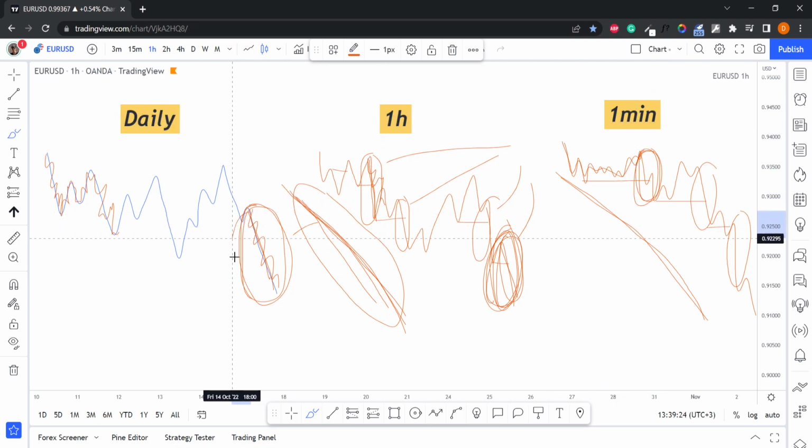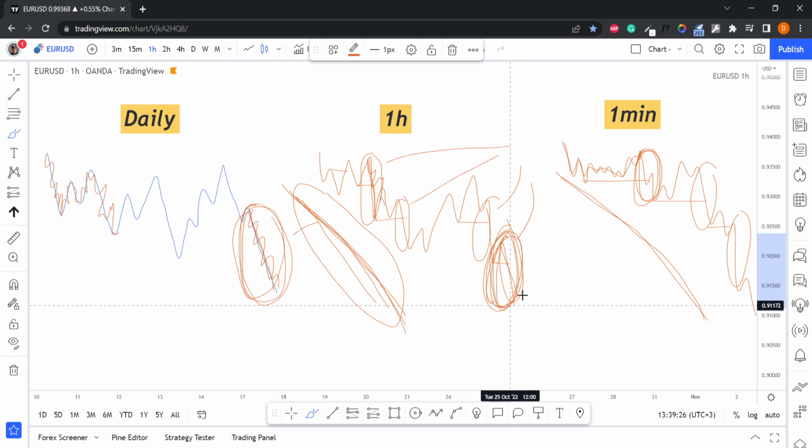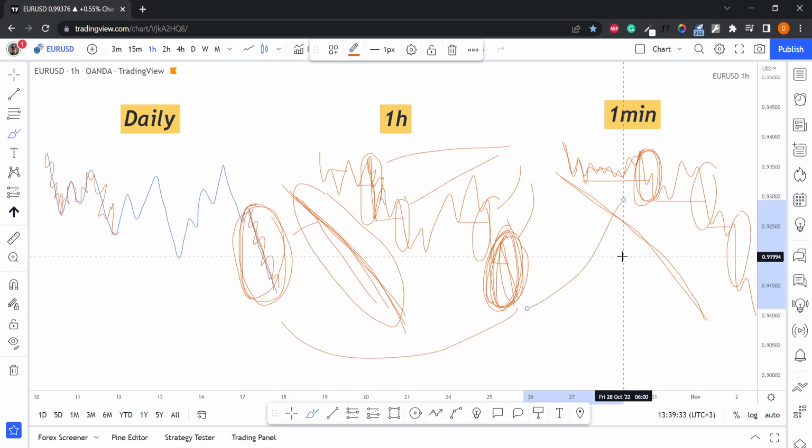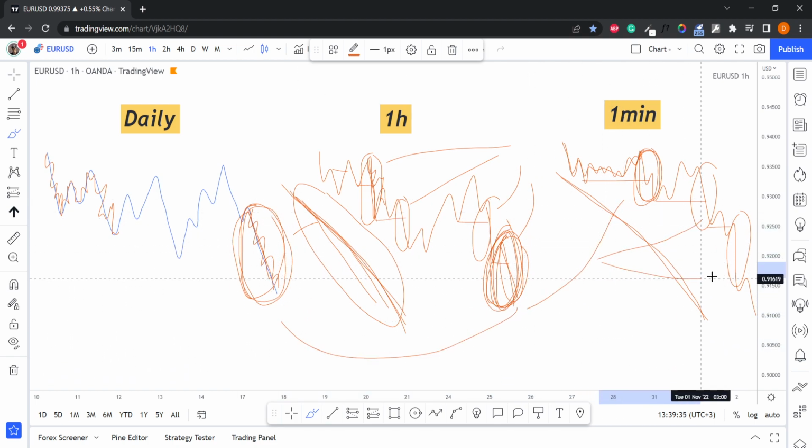Why? Because we know bearish push on 1 hour, and now inside of these two we have one more on 1 minute, one more on 1 minute, one more on 1 minute. And when you have situations like this, we can consider this as really nice situations to read the market and follow with all the time frames.